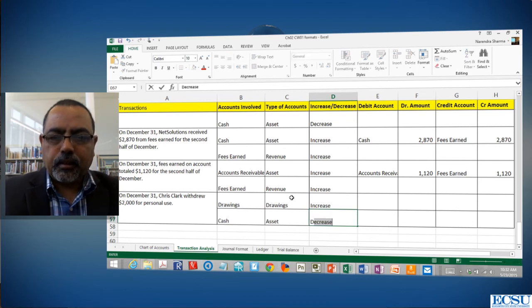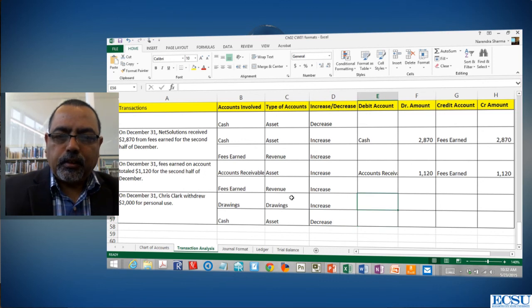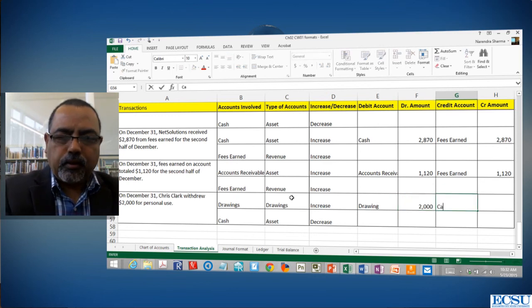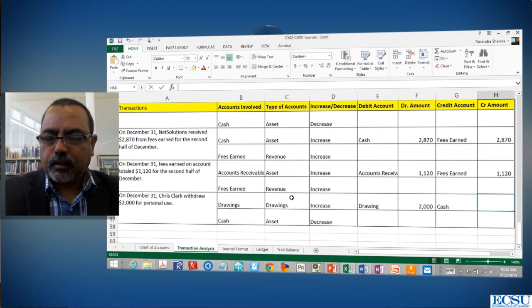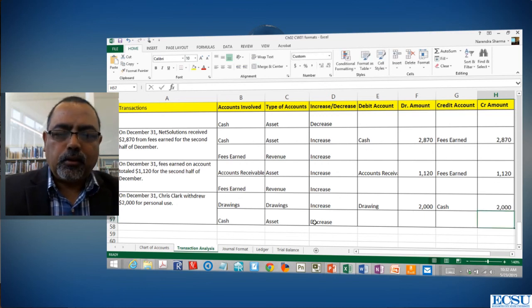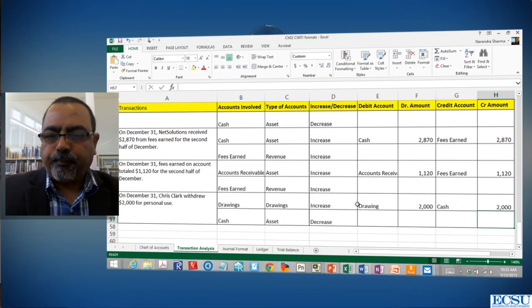Cash is decreasing because he took the money away from the business. If the drawings account increases, we debit it. So we debit drawings. The amount is going to be 2,000. And cash would be credit because cash is going out and reducing. So that will be 2,000.